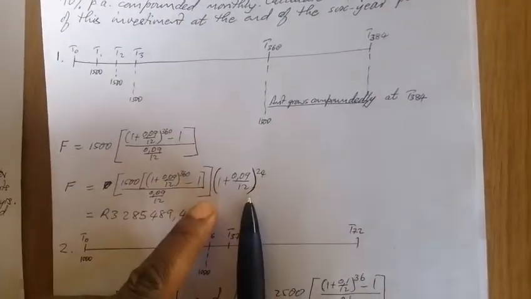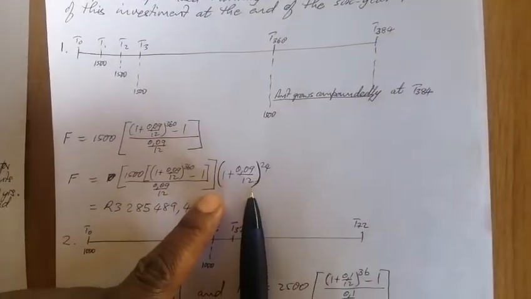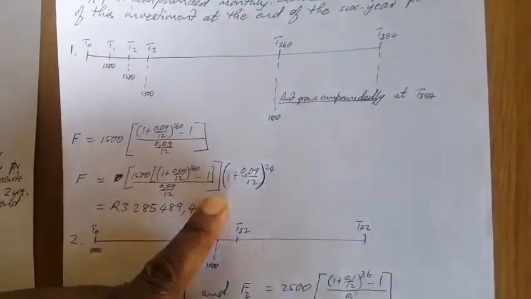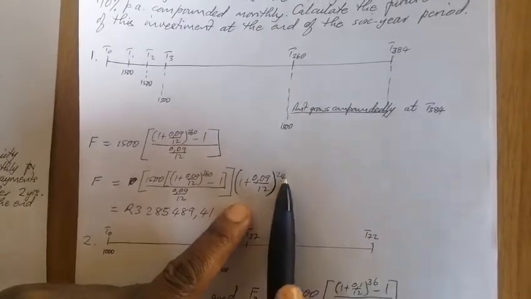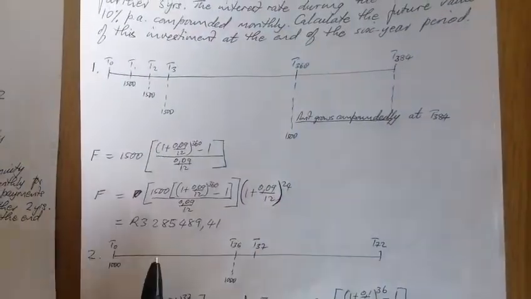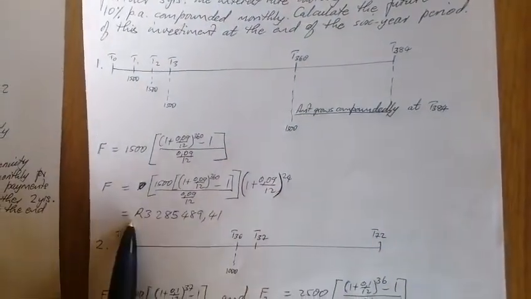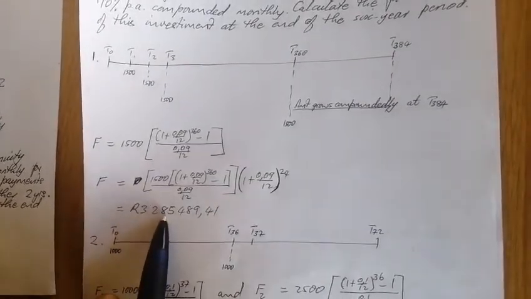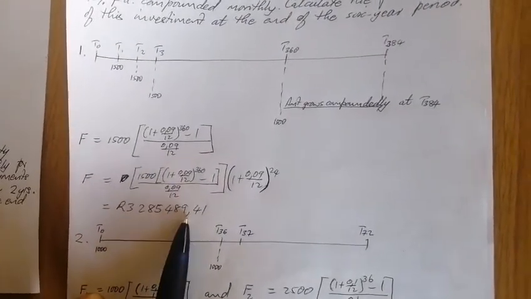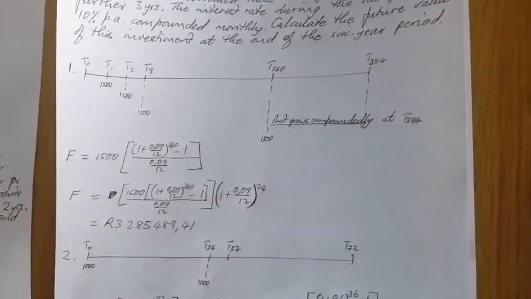Then it grows compoundedly according to the compound formula: 1 plus 0,09 over 12 to the power 24. When you use your calculator properly, this is what you must get, 3285489,41.